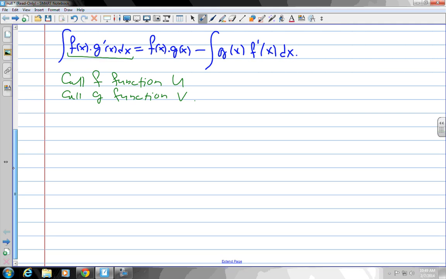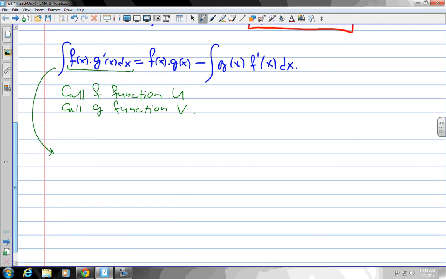So using that notation, the first integral is u, and this g prime of x dx is just dv, right? The differential.